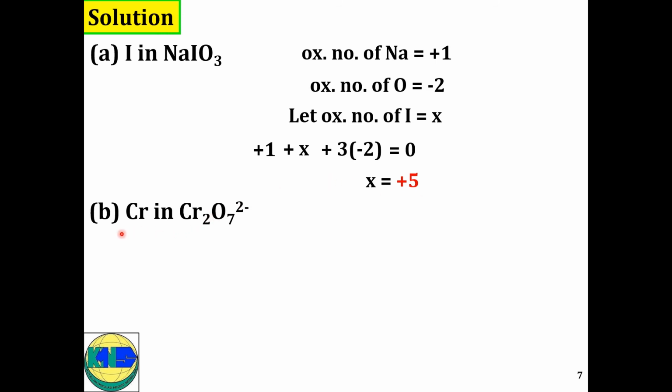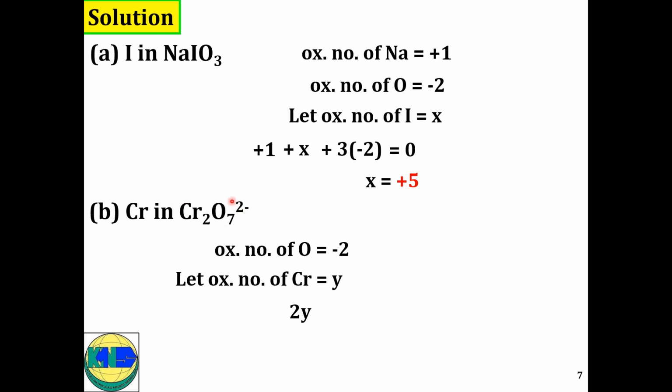Now we look at example B. We want to determine the oxidation number of chromium in Cr2O7 2-. Oxidation number of oxygen is negative 2. We let the oxidation number of chromium equal Y. So 2Y, why is it 2Y here? Because for chromium we have 2 here, so 2Y.